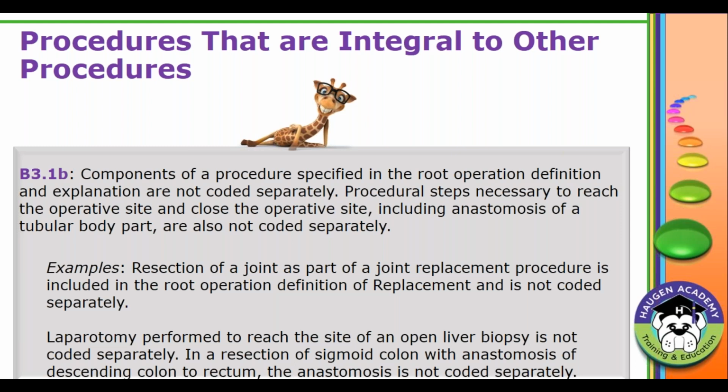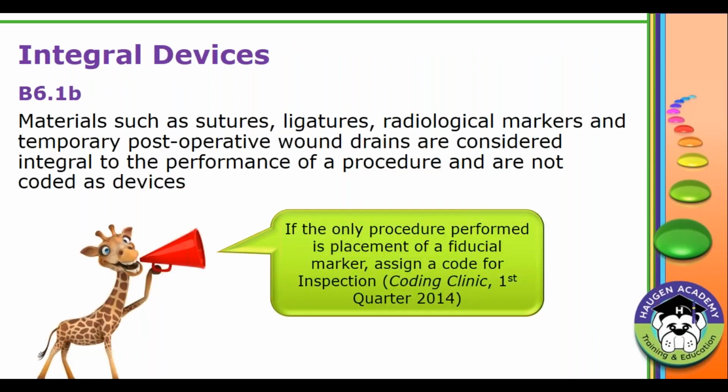You kind of figure that if a patient goes in and we remove a segment of colon, we remove part of this tube that moves food and digests it all the way from the mouth to the anus, doesn't it make sense that we're going to connect the loose ends back together before we sew the patient back up? If you think of it that way, then you realize that obviously this is going to be integral and not something that we would code separate.